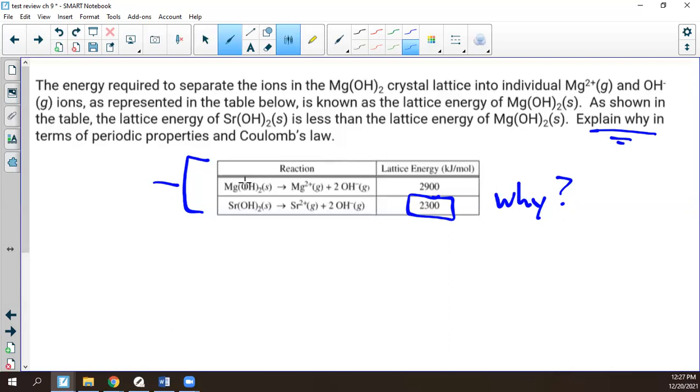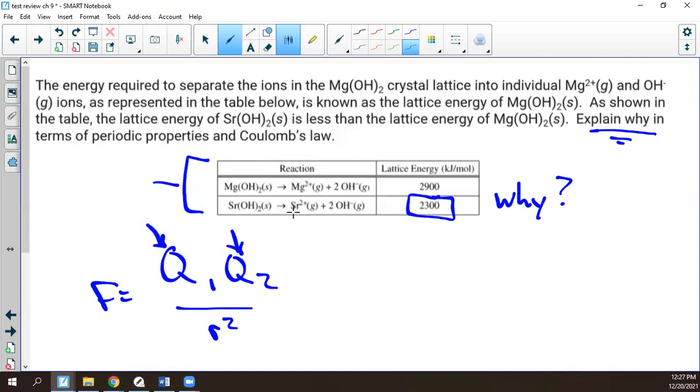An answer that would get you me saying why is if you said because of Coulomb's law. And I'd be like, yeah, and give me more. Lattice energy is a function of Coulomb's law. F equals a constant that we don't really care about because it's constant, Q1 Q2 over R squared. Charge 1, charge 2.